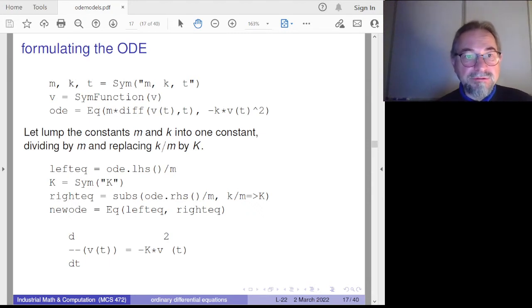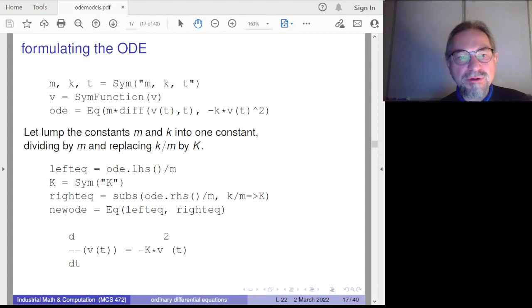Our function of interest is velocity v, and then we use the EQ construction to define the differential equation. We can simplify the model a little bit by lumping the mass and the constant k into one big constant, capital K.